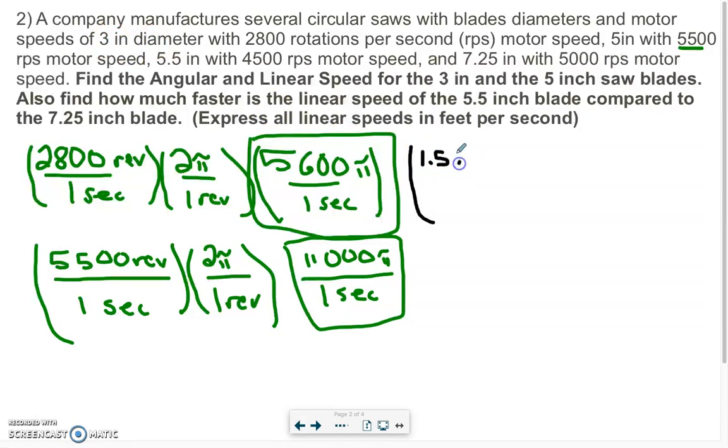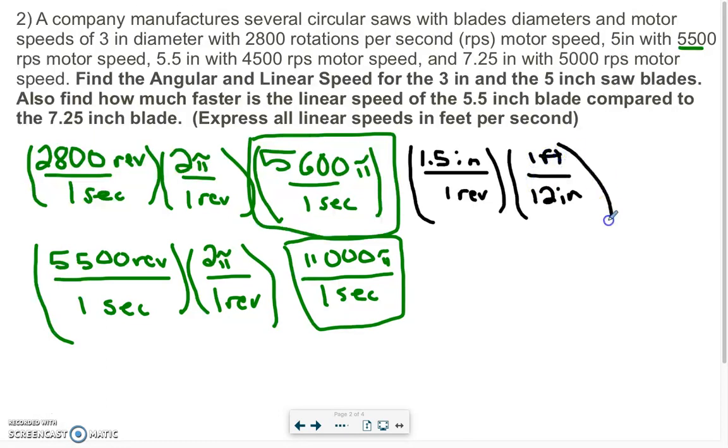So we're going to go 1.5 inches in 1 revolution. Take this whole thing times 1.5 inches per revolution, and then convert that to feet per second. Since inches is on top, we go 12 inches over 1 foot.